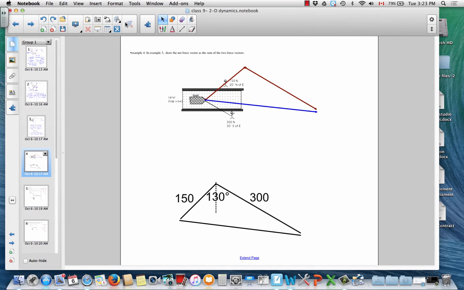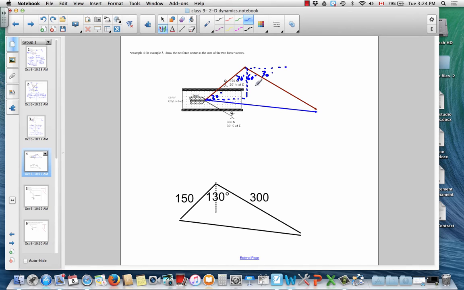And so you see it's below the horizontal. Now this just ends up being triangle trig for us. This angle here was 20 degrees above the horizontal, and so that means that up here, this is of course 70. This one here was 30 degrees below the horizontal, so that means this angle here is 60.